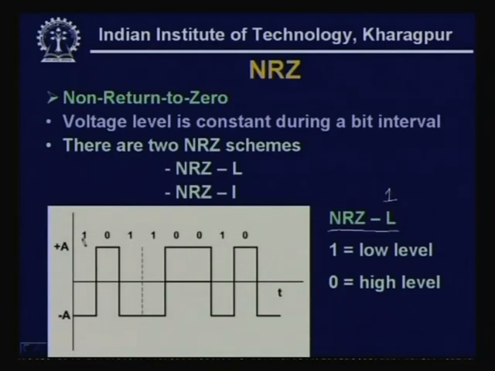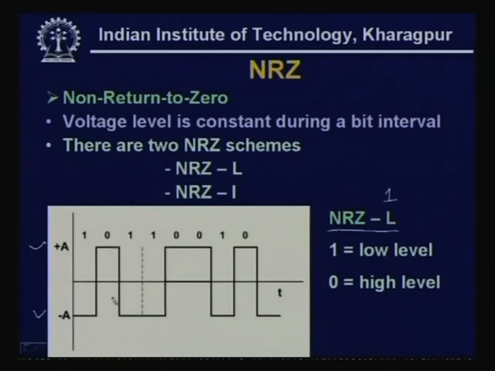As you can see here, binary value 1 is represented by low level minus A, and 0 is represented by high level plus A. So, here we are using signals of two polarities, plus A and minus A, and these two polarities are used to represent binary 0 and 1. So, 1 is represented by a minus A polarity voltage, and 0 is represented by plus A.